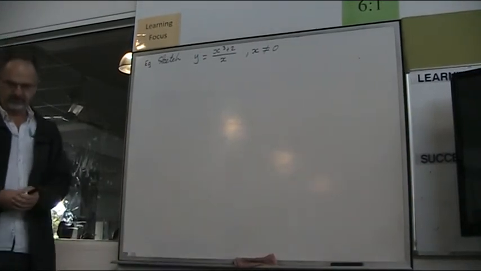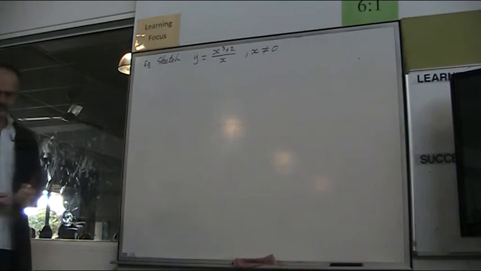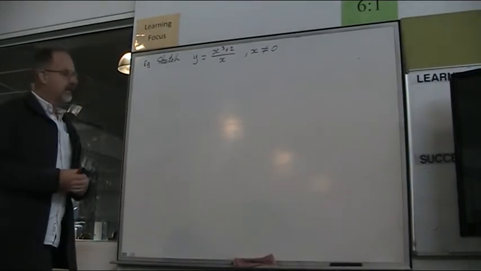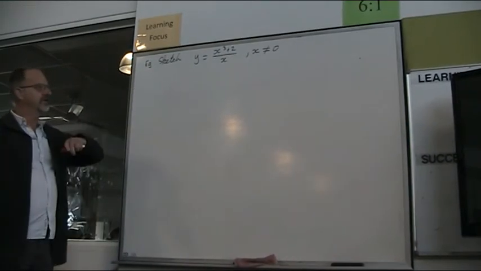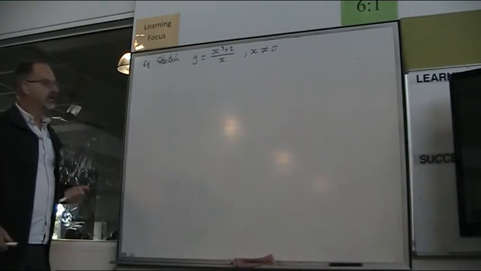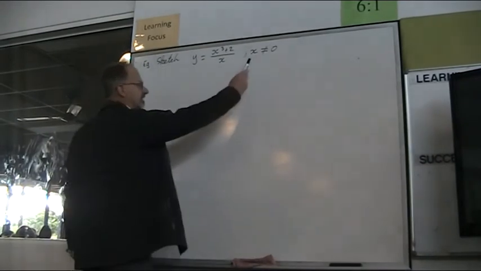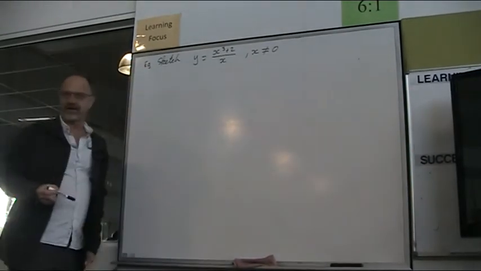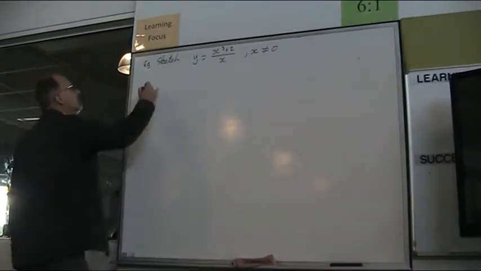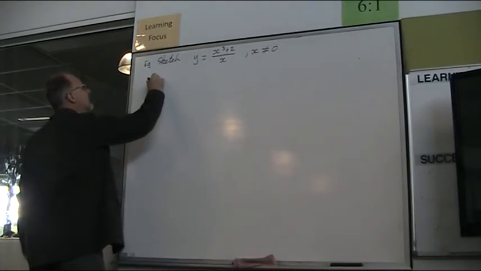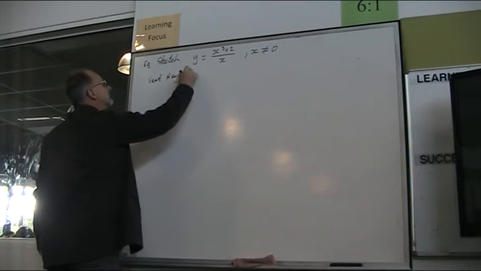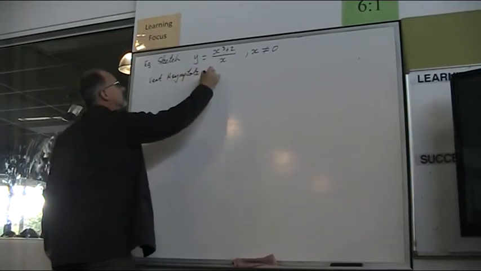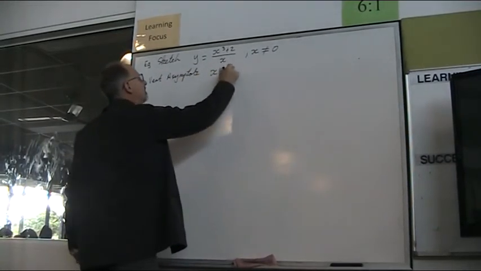So let's first of all look at some asymptotes. The first asymptote that there is already revealed itself. So if x is not allowed to equal 0, we've got a vertical asymptote, x equals 0.